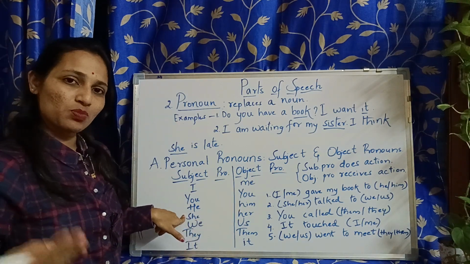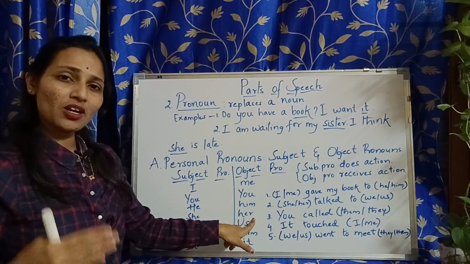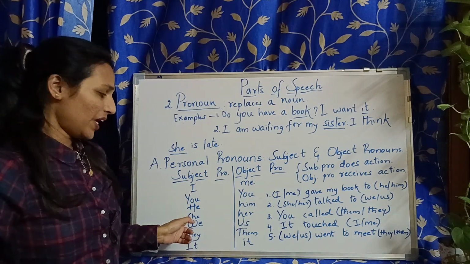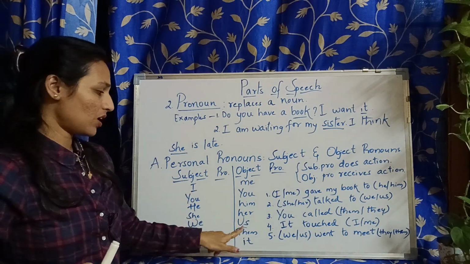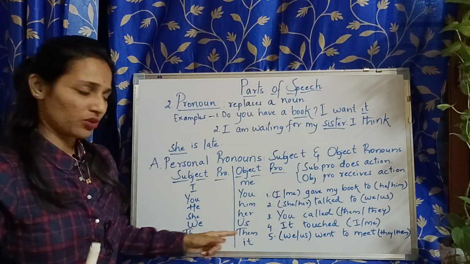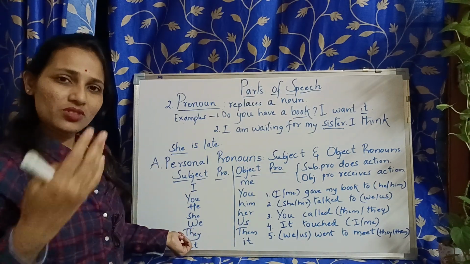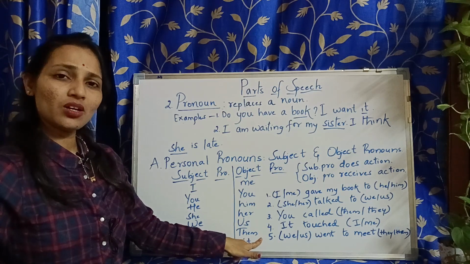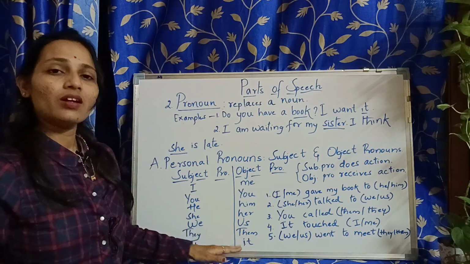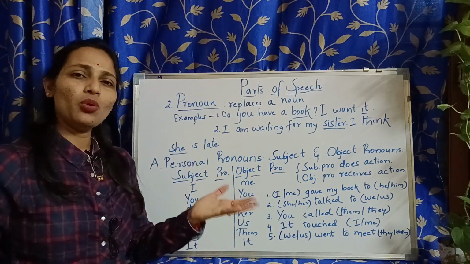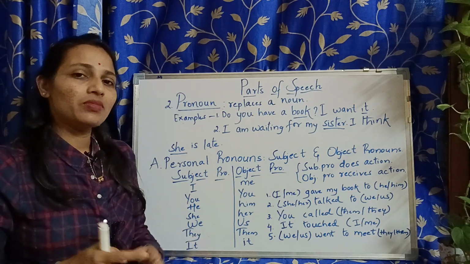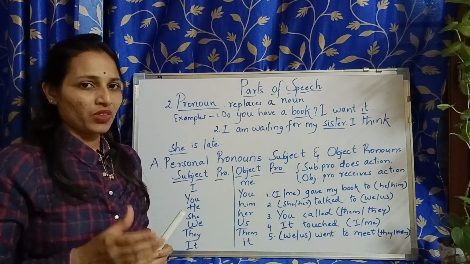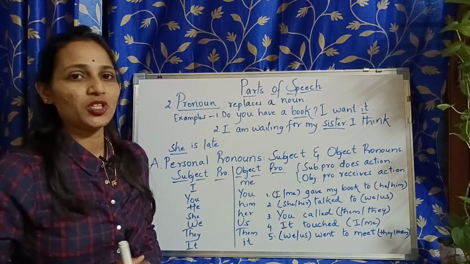When she is the subject pronoun, her becomes the object pronoun. We is the subject pronoun, us becomes the object pronoun. They, subject pronoun, them becomes the object pronoun. For it remains the same again. You and it remain the same irrespective of whether it is subject pronoun or object pronoun.